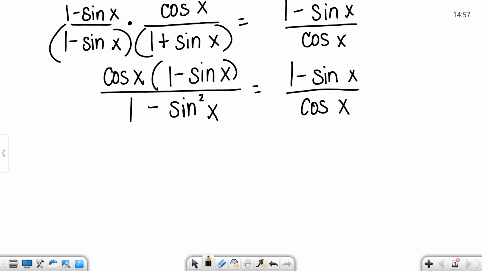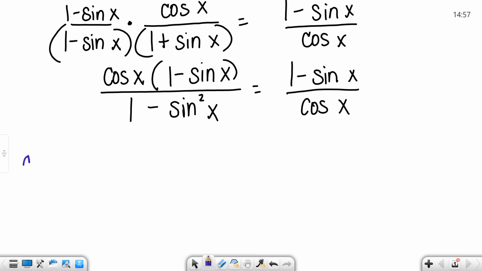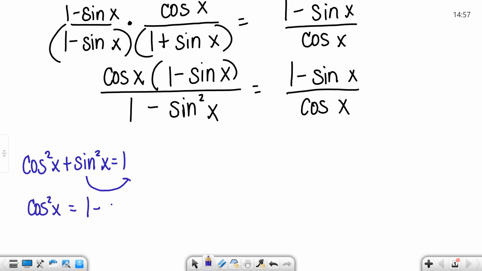Okay, so now we need to go back to our little Pythagorean identities. I'm going to write it down just so you can see it. Let's look at this Pythagorean identity. If I rearrange this identity and I subtract this sine x squared to the other side, then it would say 1 minus sine squared. Well, notice that's what my denominator on the left-hand side says.